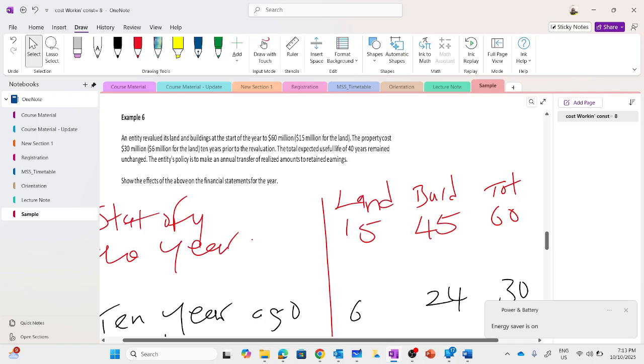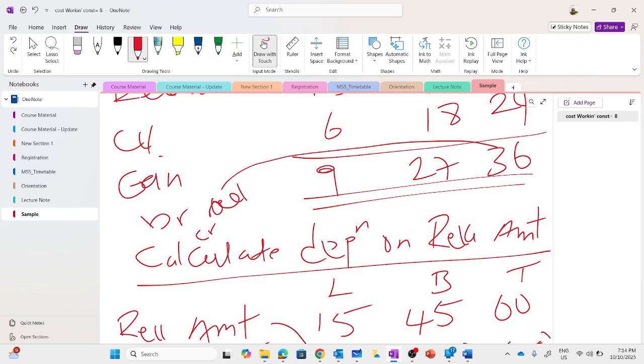So the revaluation gain we have calculated, and this amount we are going to debit the OCI, and we are going to credit the revaluation reserve.